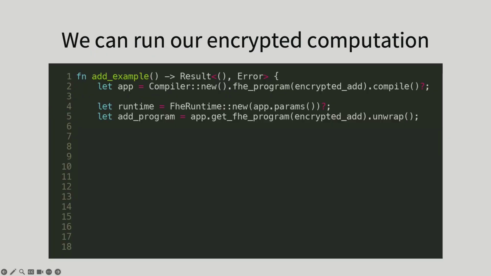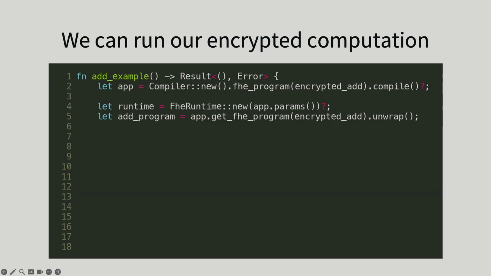So how do we run this program? It's not quite as simple as running a regular Rust program where you would just call add with whatever values. You need to encrypt the data first, since we're working with encrypted data. The way this works is that you call the compiler, you make a new instance of it, and then you add in the program that you want to compile. This will generate an application that has some parameters.